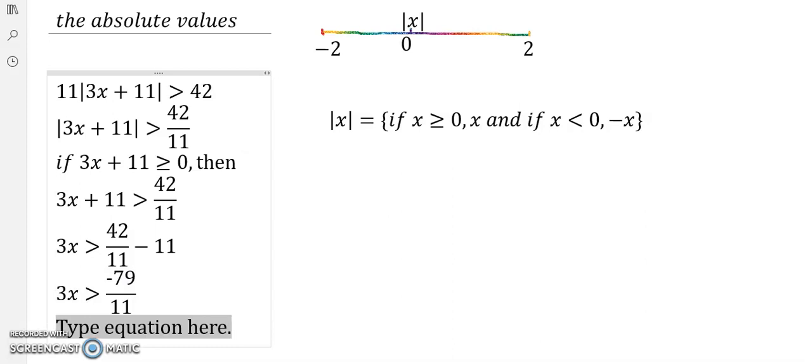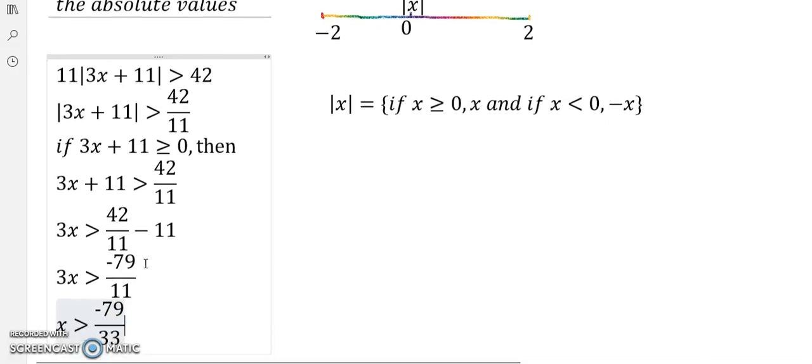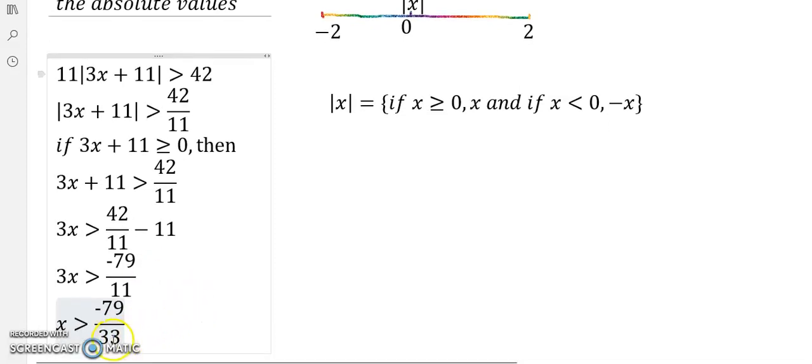To get rid of 3, we're gonna divide by 3. We will get x is greater than negative 79 divided by 33. Yeah, that's it for condition number 1.